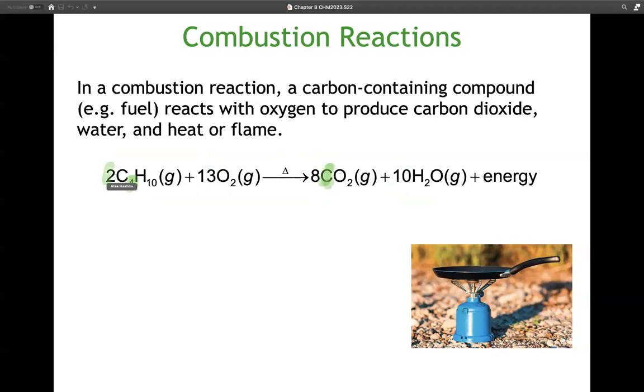So if we multiply this by 2, then we'll have 8 carbons on each side. For oxygen, you would do it last. And if it's a fraction, remember, you can multiply everything by a specific value.